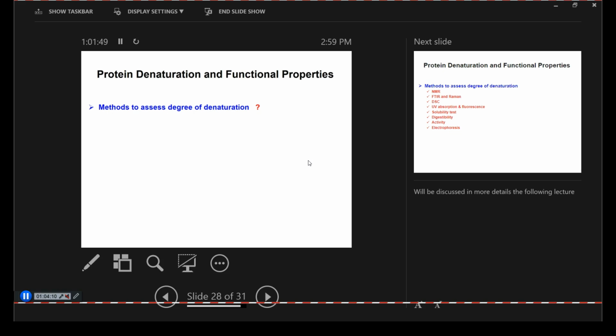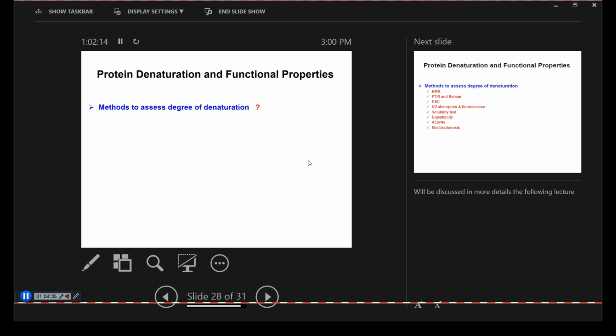Very good. What else can you think of? Indirect. Solubility. Yes, very good. When you measure solubility, if a protein is denatured, it's more likely to form polymers. There are a couple more that can be indirect.